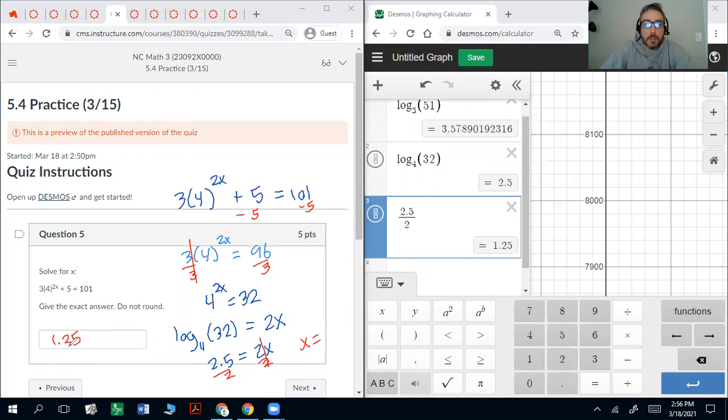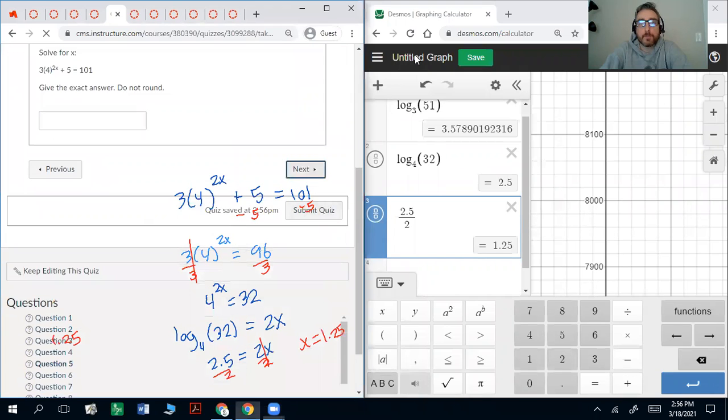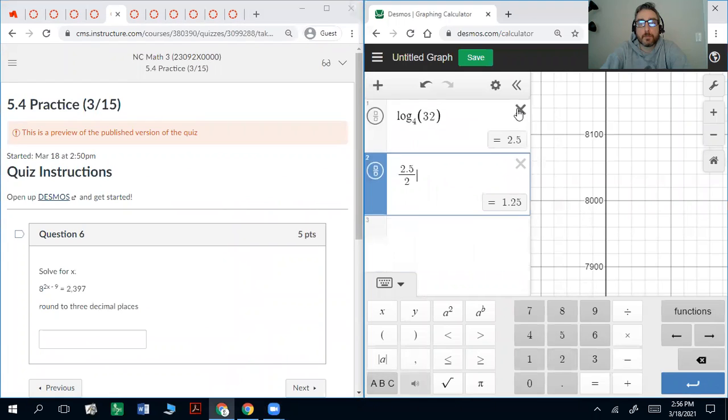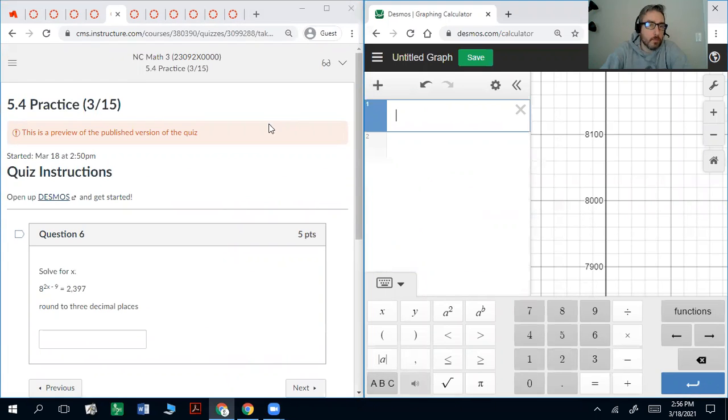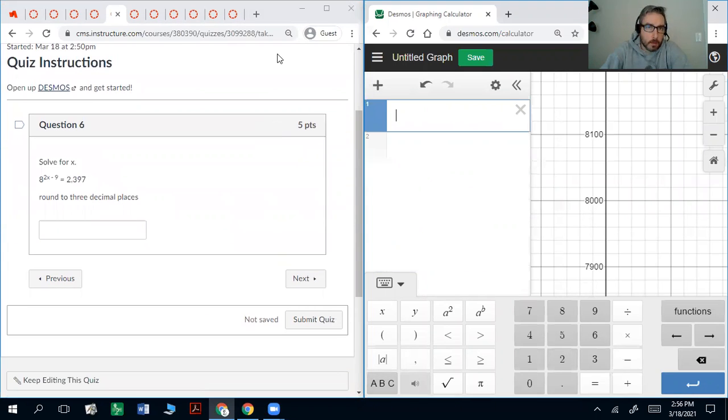If at any point you're not sure if your answers are correct, use a graph intersection and or plug it in to see if your answer works for both sides. Okay, question 6. 8 to the 2x minus 9 equals 2397.